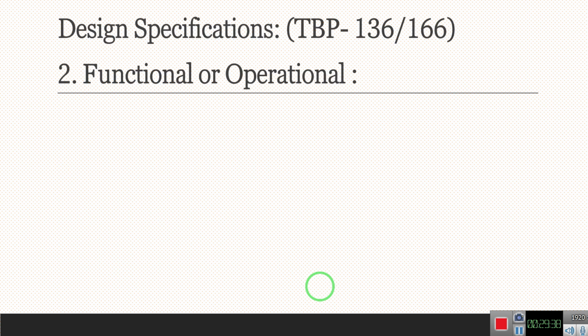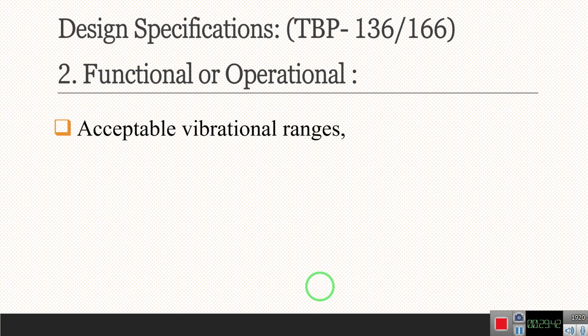The next one: functional or operational. Under functional or operational, there are acceptable vibration ranges. Like when you are driving a car, the vibration should be very low. If it is vibrating more, health problems will come, or you will get angry at it. So acceptable vibration ranges while operating.